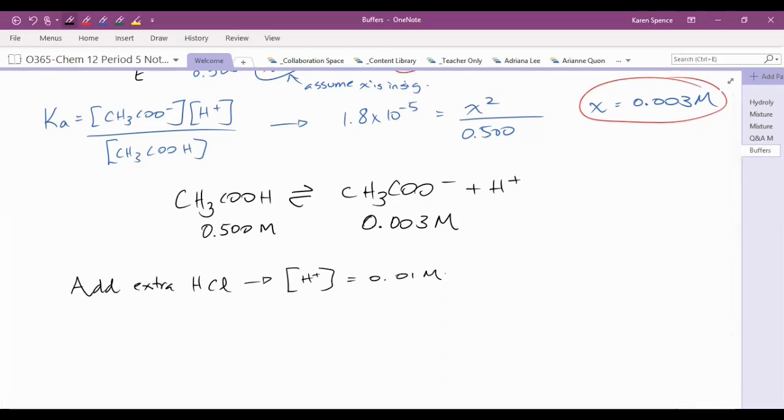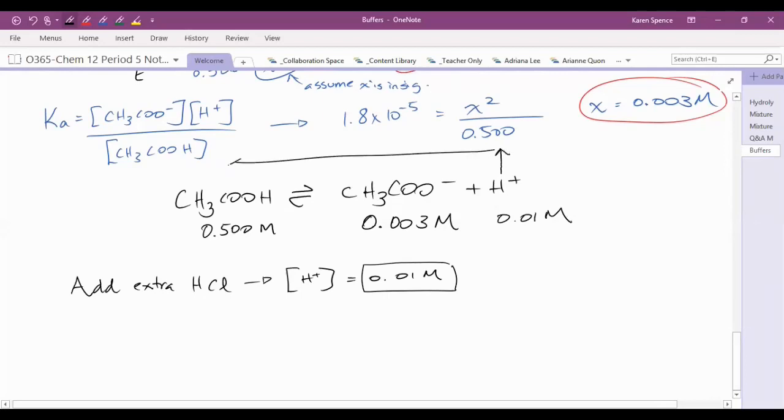Can you see that this is going to be a problem? Because with this number, 0.01 molar, I've now increased this concentration. So the system is going to want to shift this way, and it's going to want to use up most of this.